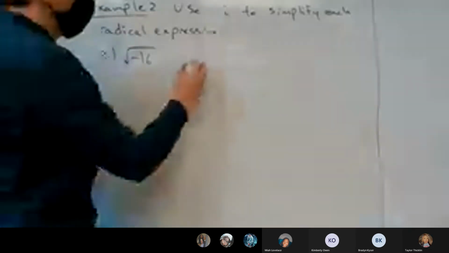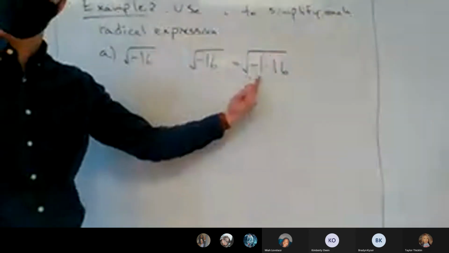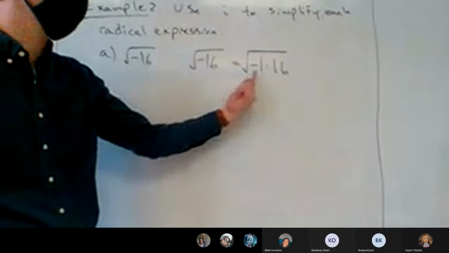So what do you do? The first thing you do is deal with the negative sign by pulling the negative off, and storing the negative attached to just an arbitrary 1 that I'm introducing. Negative 1 times 16 there. Now split the radical.